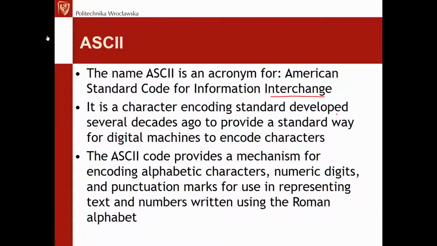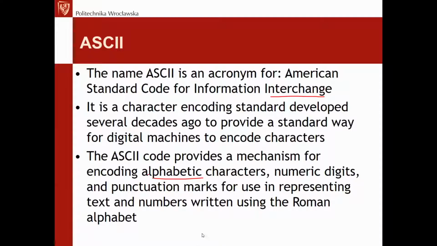The first problem with ASCII is that it is mainly for alphabetic characters, but it was American, which means the original ASCII was just for the English alphabet, plus numeric digits and punctuation marks.